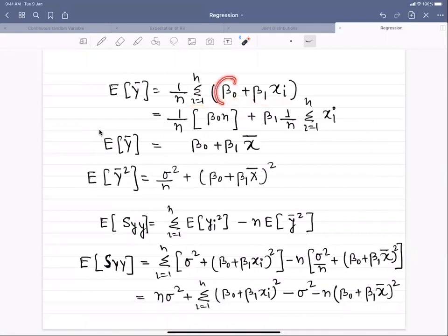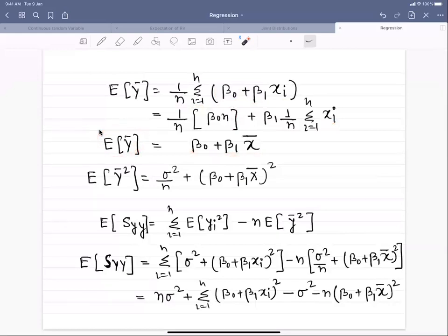Beta naught is a fixed value, so if we sum it over n times, it will be beta naught n, and with 1 by n outside it becomes beta naught. Beta 1 by n is there with the summation over i from 1 to n of xi. So the expectation of y bar is beta naught plus beta 1 x bar.